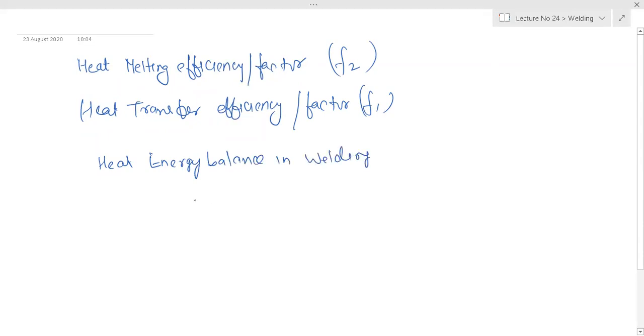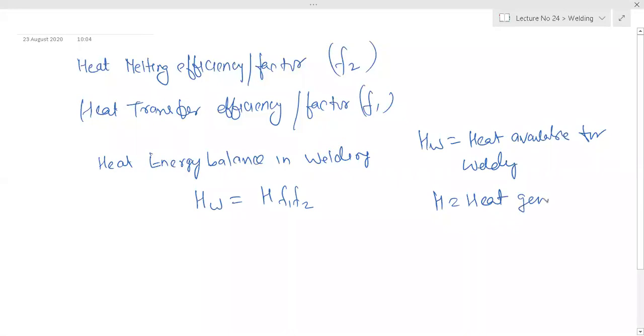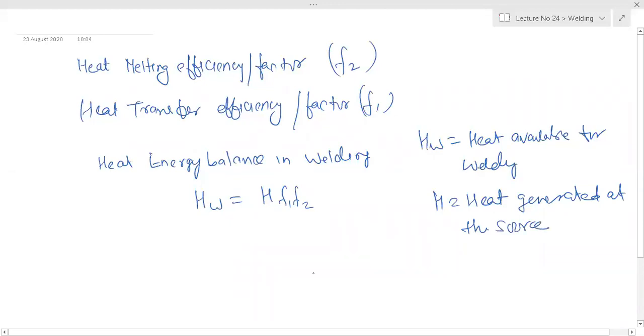There is a H welding equal to H F1 F2, where HW is heat available at the welding, heat available for welding, and H is your heat generated at the source, right?